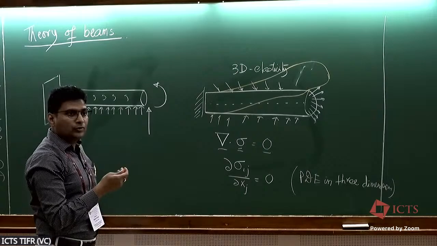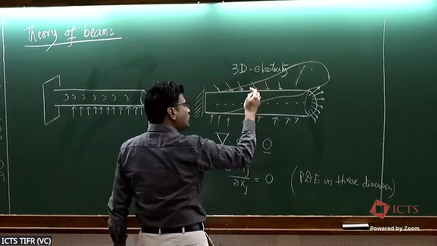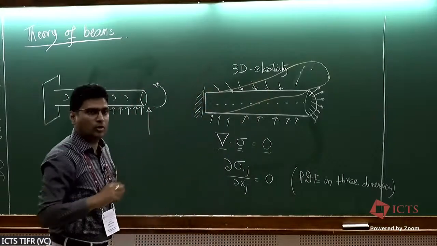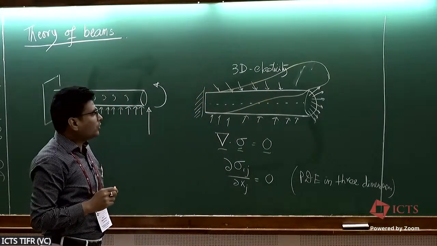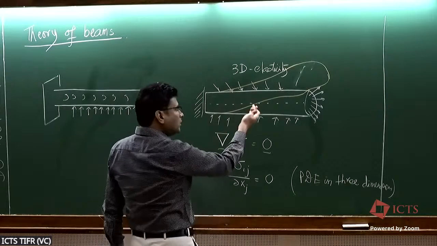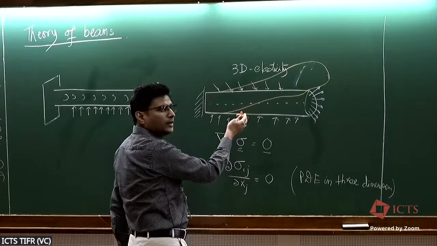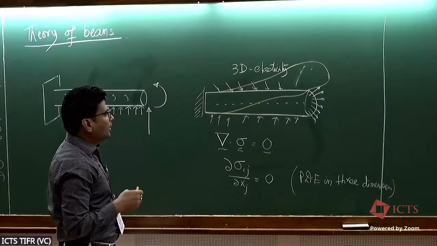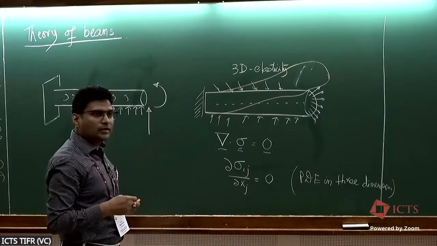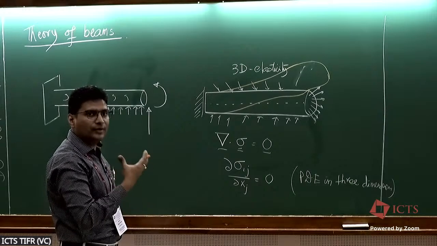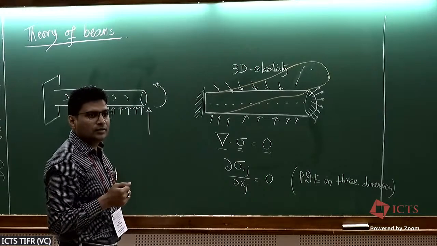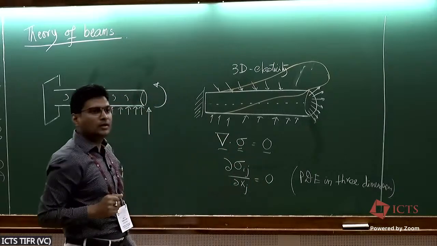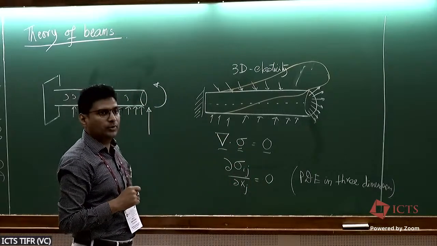But it gives you the deformed position of every point, where it is going, a full description of the deformed body. But also, if you really look at the deformed shape, do we really need the full description? Can we get away with some average description so that you don't have to solve for these PDEs? So that's the question in beam theory.